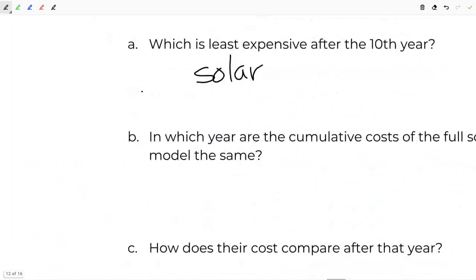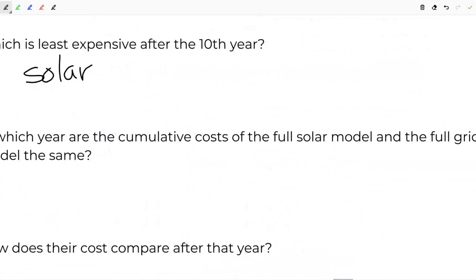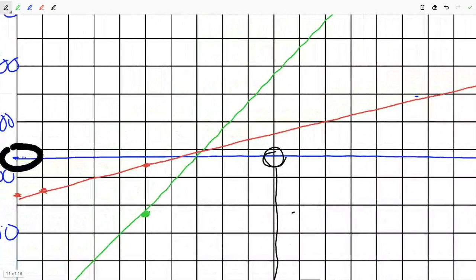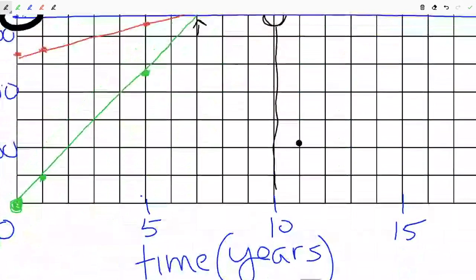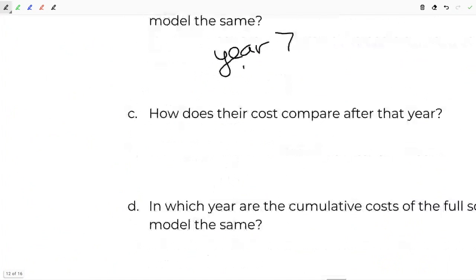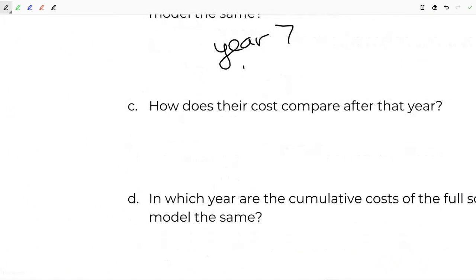In which year are the cumulative costs of the full solar model and the full grid model the same? So it wants to know when solar and grid intersect, and that is right there, which is year 7. How does their cost compare after that year?